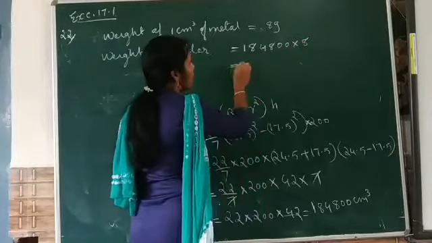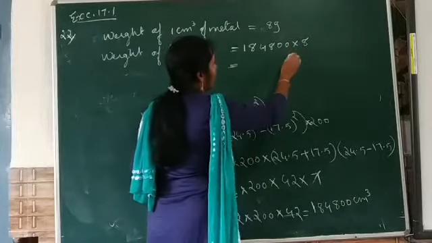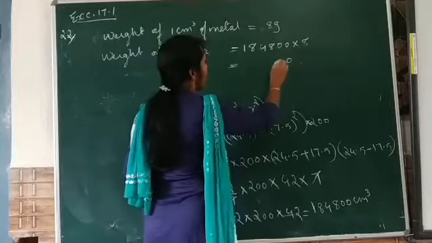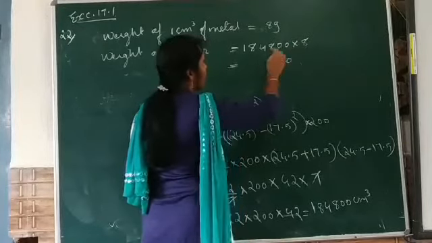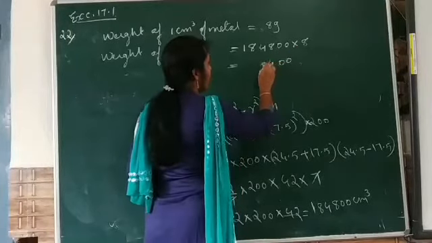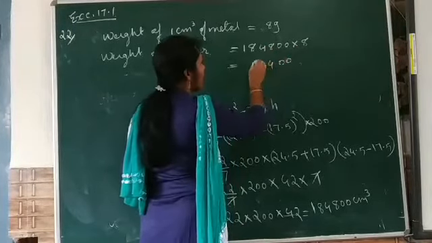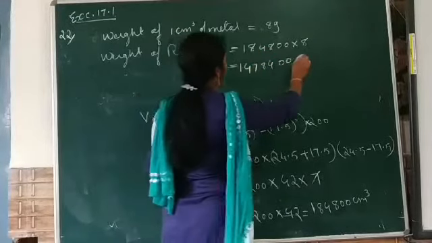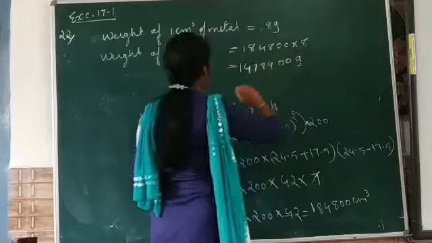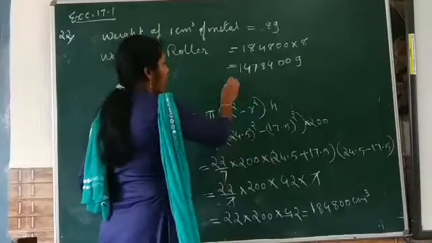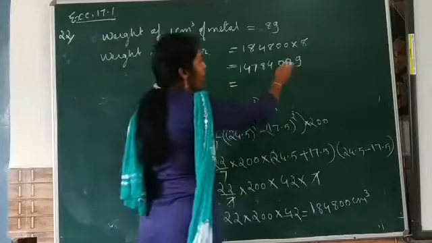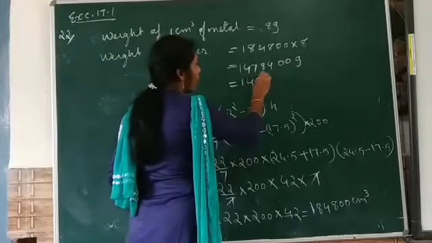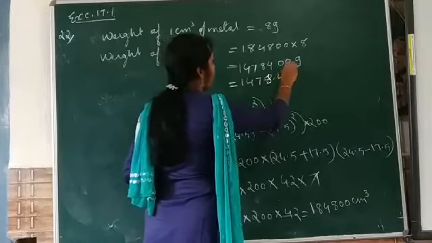That is equal to 8 0 0, 8 0 0, 8 8 64, 8 4 32 plus 6, 38, 64 plus 3, 67, 40. So this is the weight of the roller in grams. For finding out this weight in kilograms, we have to divide it by 1000. That is 14,478.4 kilograms.